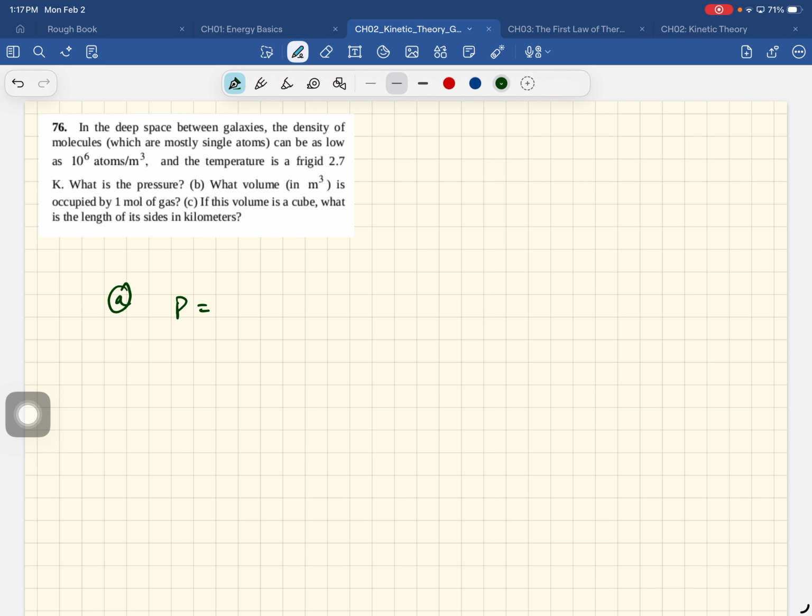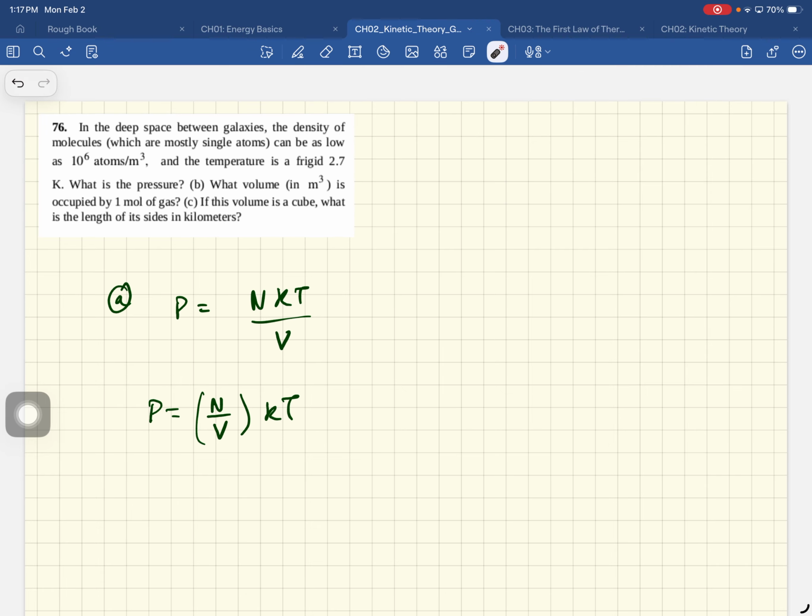Okay, so, they want us to figure it out in kilometer cube. What I'll do is borrow 600 times 10 to the 15 and then take the cube root of that.